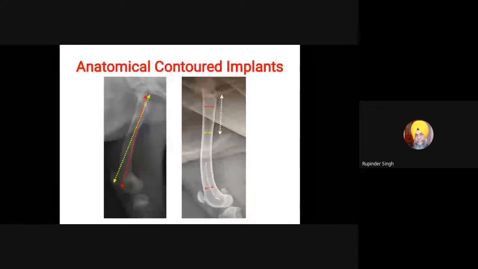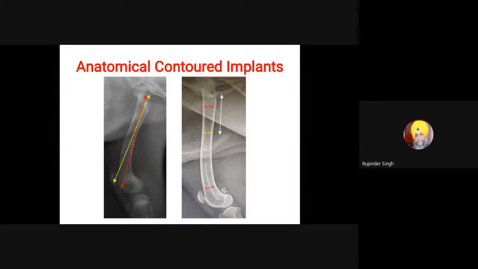So because of this, we may think about anatomically contoured implants. Right now, what we are doing, we have certain instruments using which we can bend the pin. But bending of the implant using these instruments may weaken it, because the bending may not be smooth.